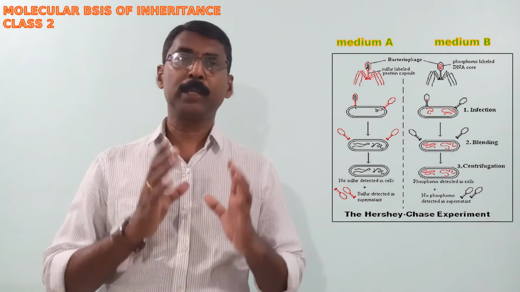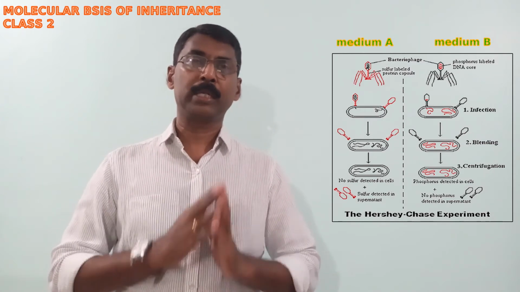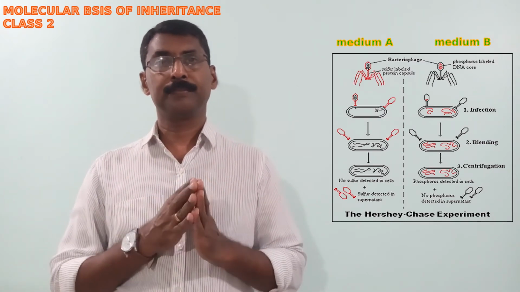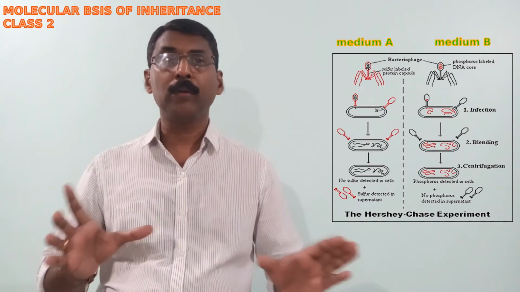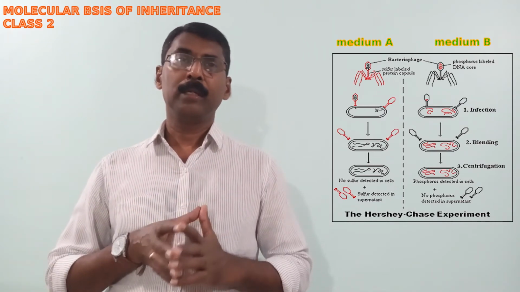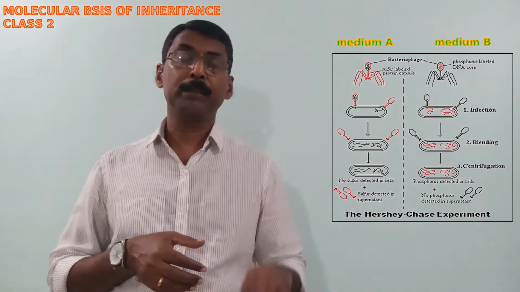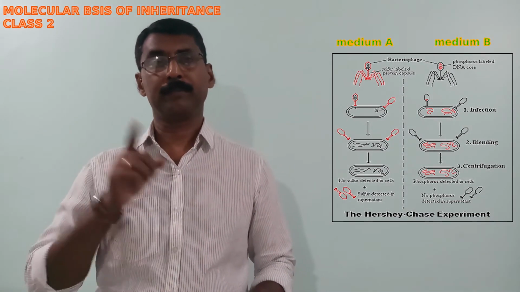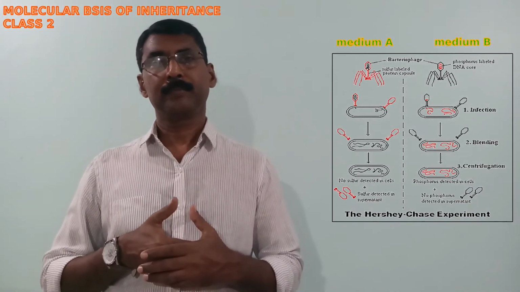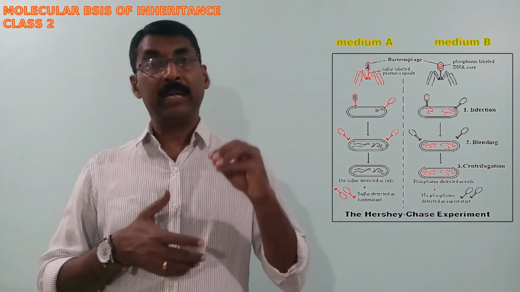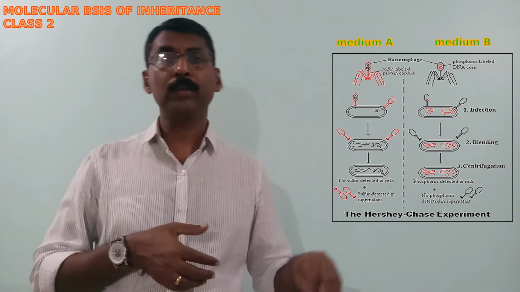So from this experiment of Hershey and Chase, Alfred Hershey and Martha Chase, it was proved beyond doubt that it is the DNA that is the genetic material, not the protein. As it was the DNA, the genetic material, viruses introduced DNA into the bacterial cell.